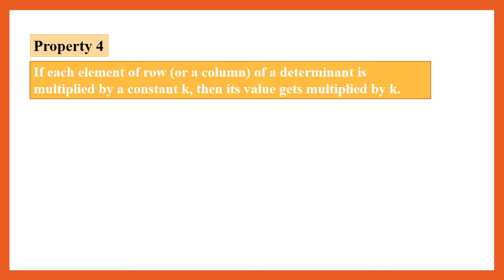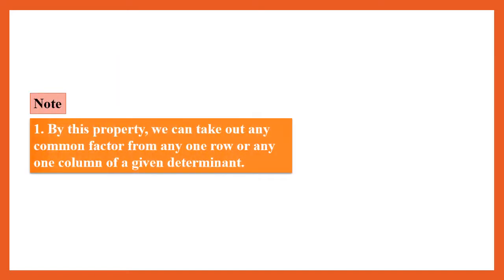That is, if we are multiplying a row or column with some number k, then each element of that row or column gets multiplied by k. So note, by this property, we can take out any common factor from any one row or any one column of a given determinant.